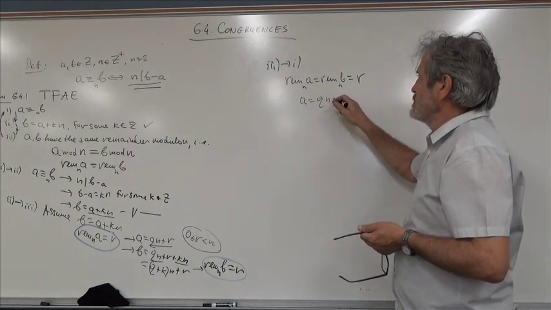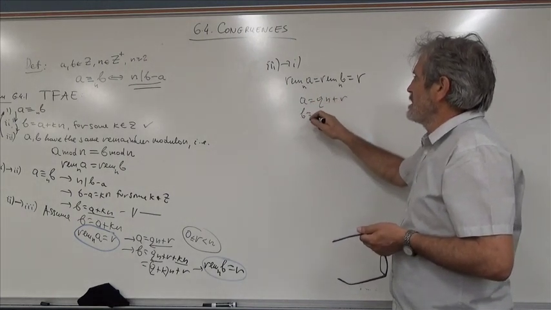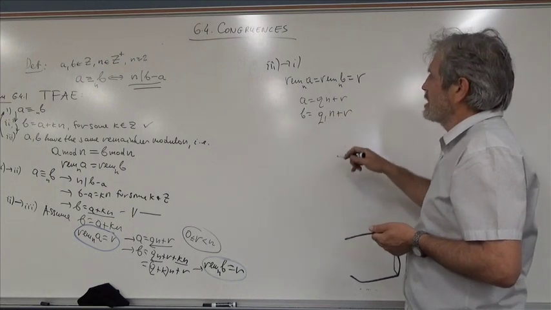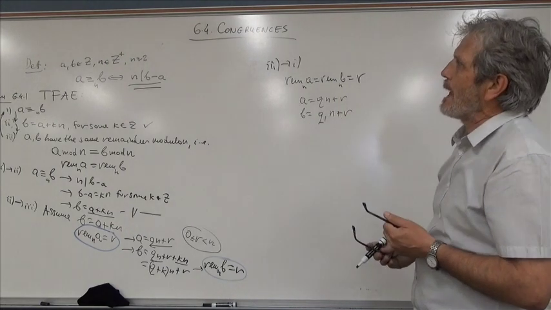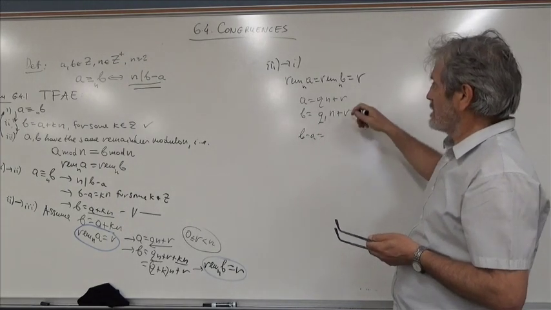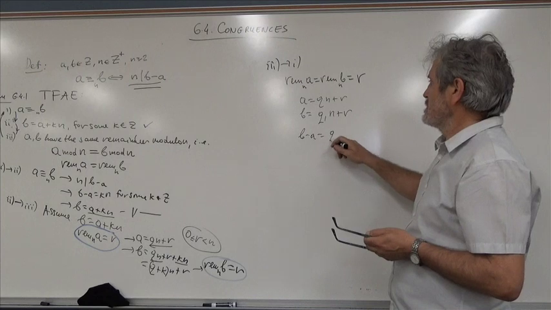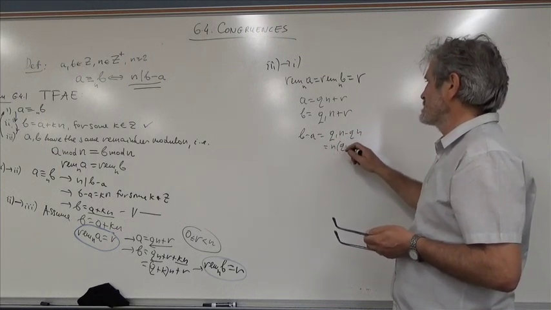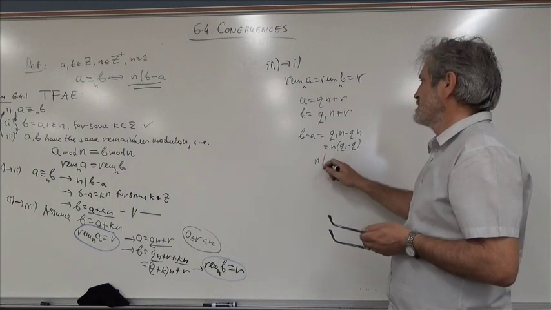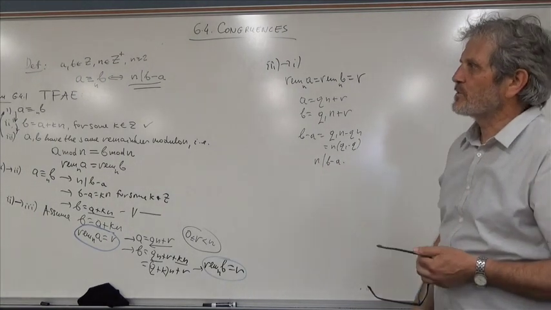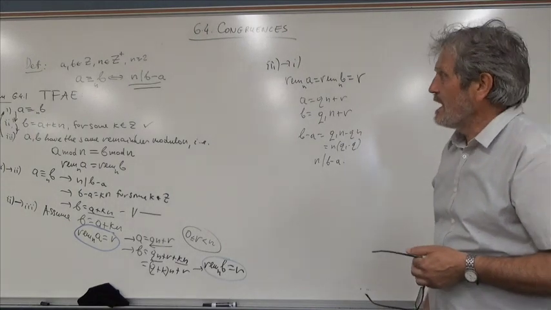A equals Qn plus R. B equals Q1 n plus R. Then I have B minus A: R and R cancel. I get Q1 n minus Qn, which is n times Q1 minus Q, so n divides B minus A. Here it is. So we proved that all these three are equivalent.